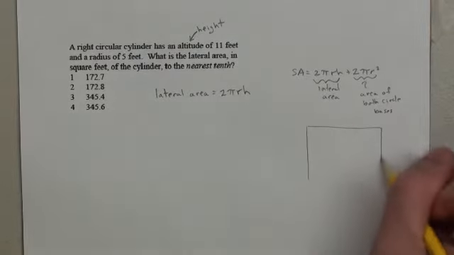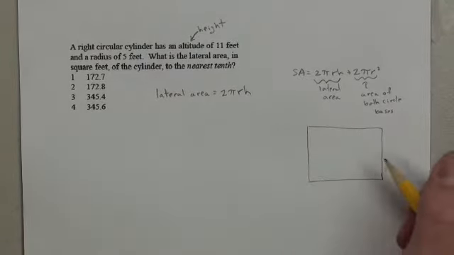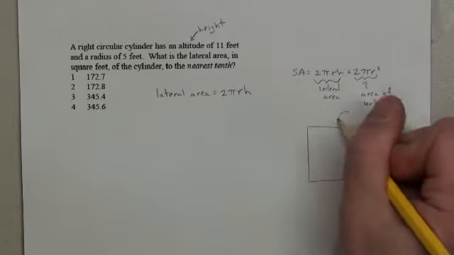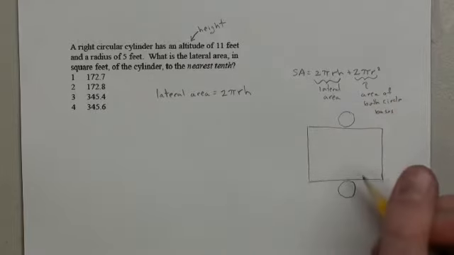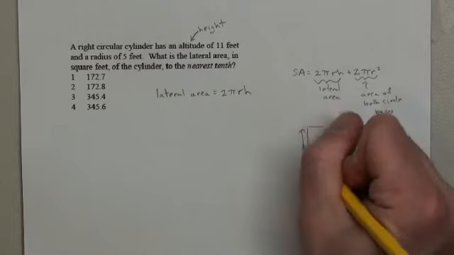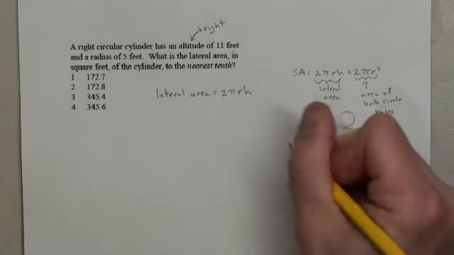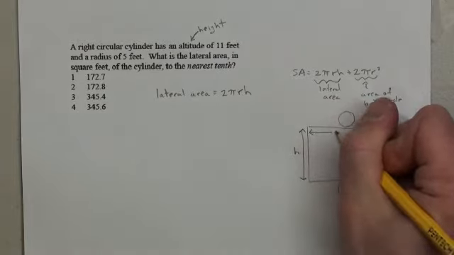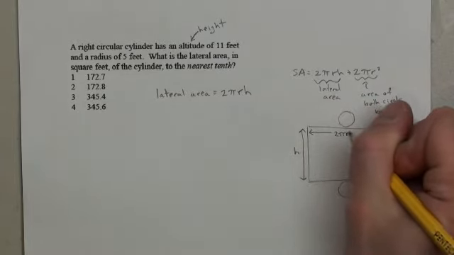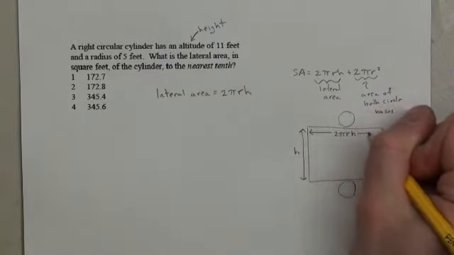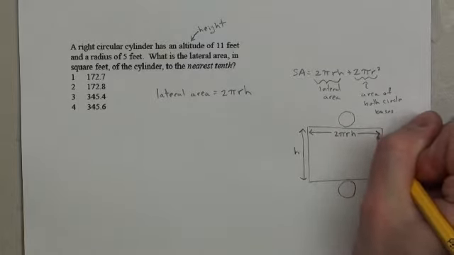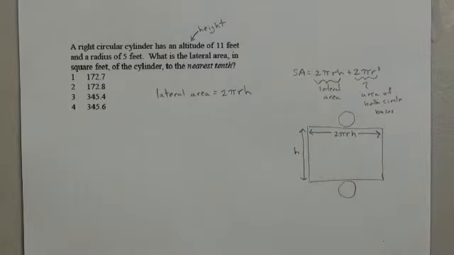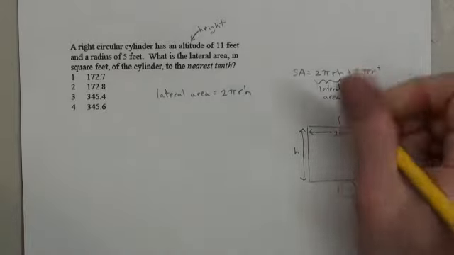So if we tore apart the rectangle from the cylinder, this distance is our h, and this distance is, whoops, 2 pi r.